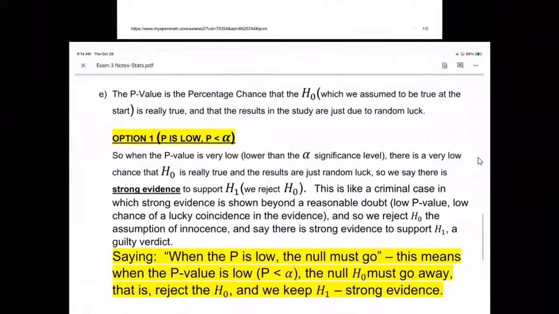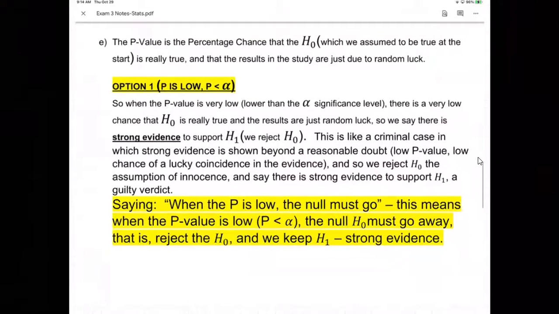Mr. Heron? Yes. Question. So when we reject the H0, it's always going to be we're rejecting the null hypothesis, right? Always. The H0 is the null. Okay. So whenever the P is low, like it says there on my screen, whenever the P is less than alpha, we're going to reject the null hypothesis.